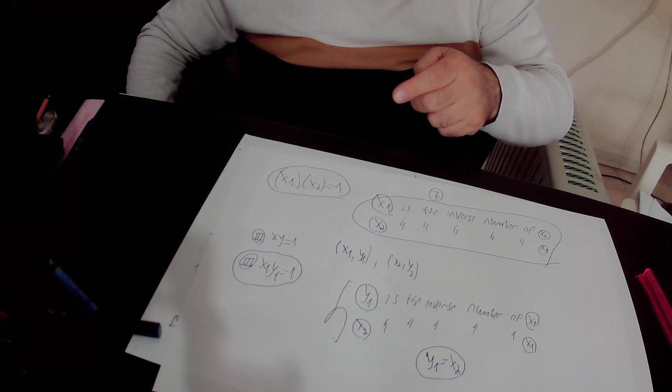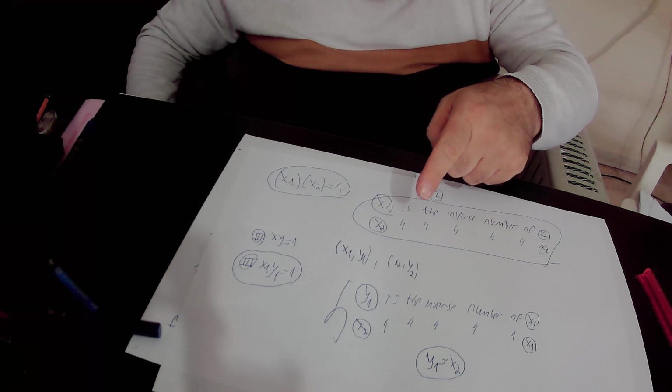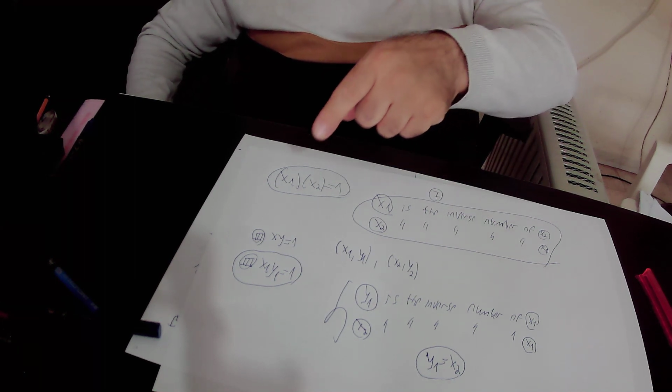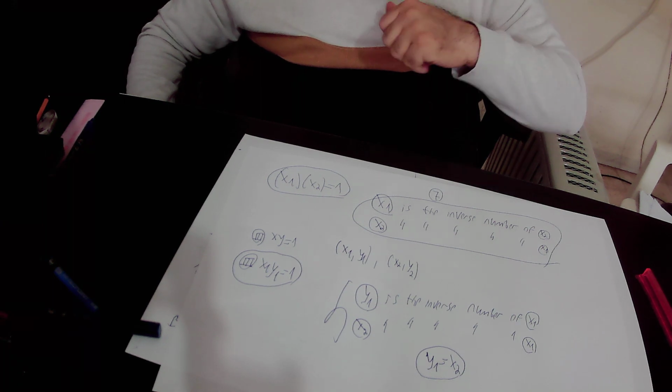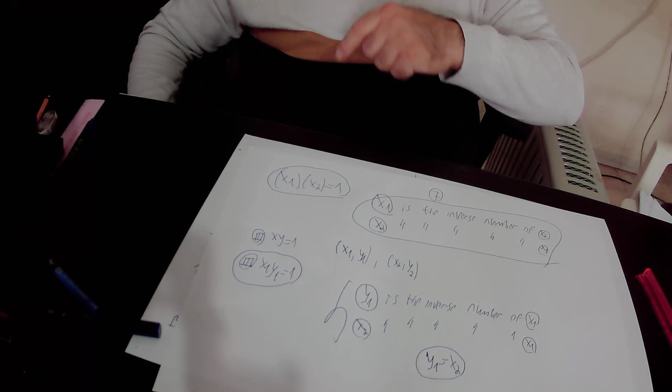The first solution is x1, y1, and the second solution is x2, y2. So we will put the solutions inside equation number 3 in order to find out the values of x1 and y1, x2 and y2.